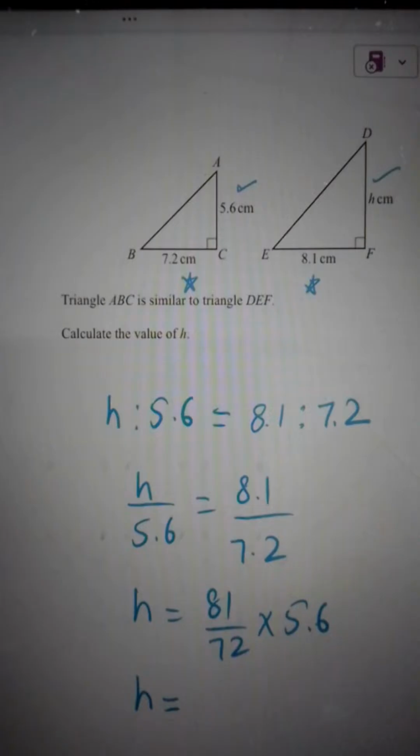81 is 9 multiplied by 9. We would like to simplify it as much as possible. 72 is 9 multiplied by 8, and 5.6 divided by 10 will make it 56. So this is 56.